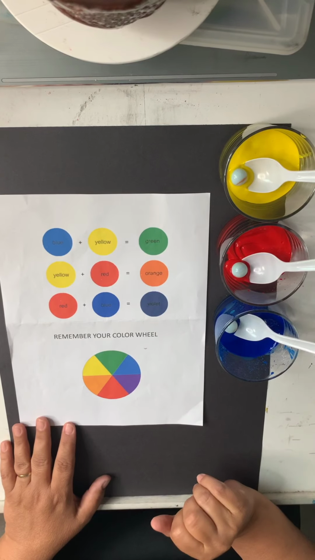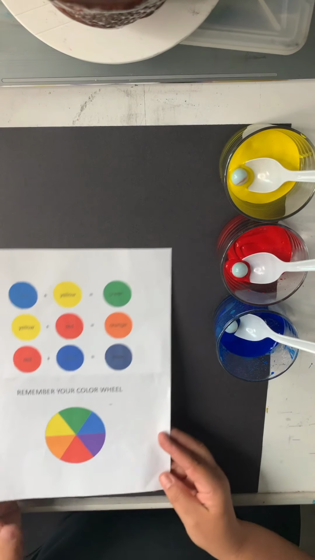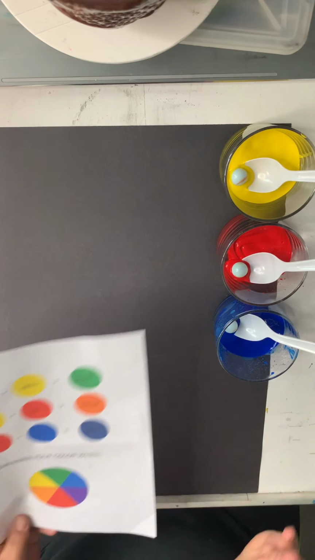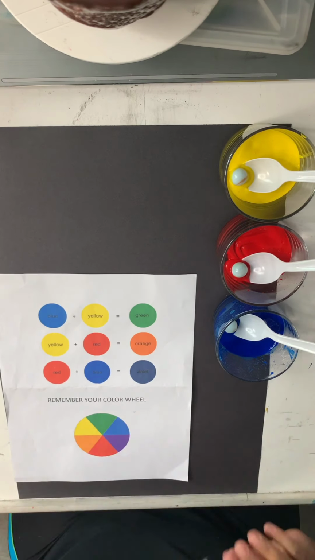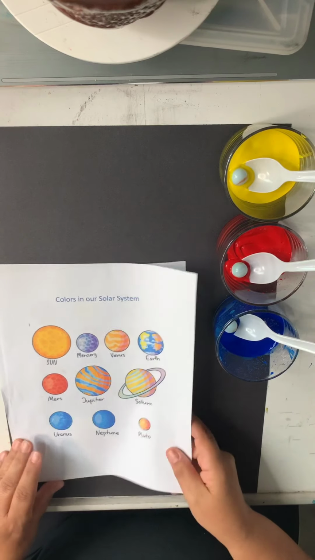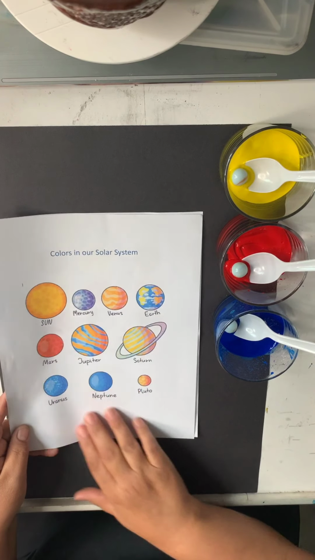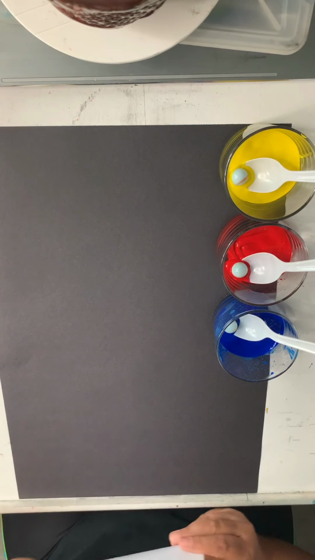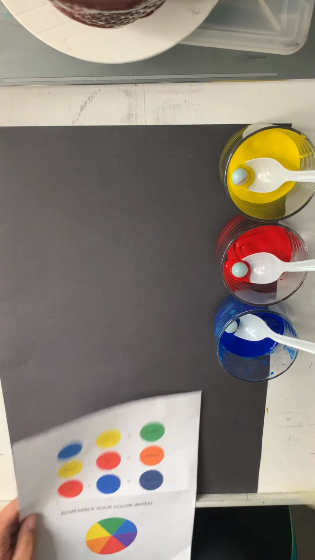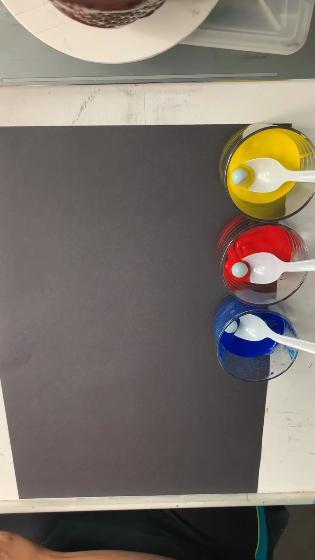So you'll know how to mix your colors and create new colors. So I'm going to put that aside. You're going to receive this. And you're also going to receive this as a guide on how you want to marbleize your planets. So I'm going to keep the planets close by. And I'm going to put the color wheel behind me.